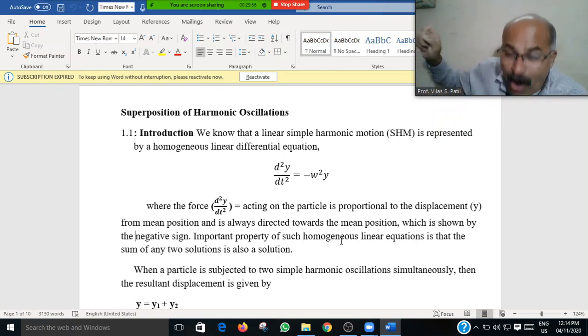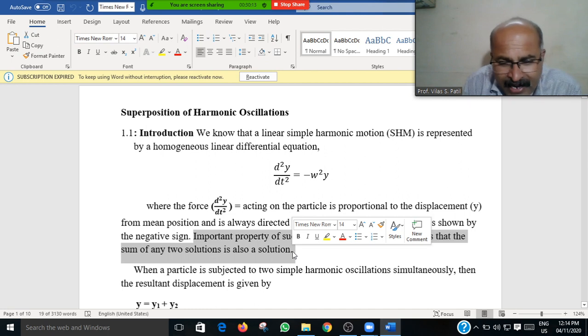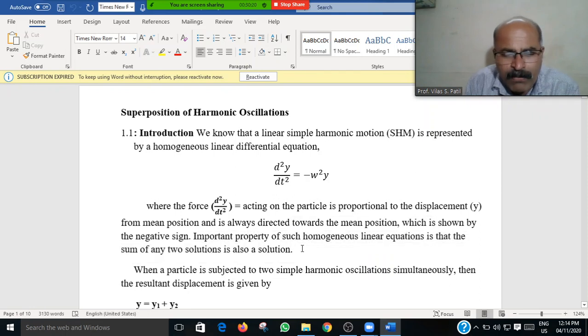This is one of the properties of the homogeneous equation in mathematics, friend, and this property is used as the superposition theorem. See here, the important property, again I will show here, the important property काय आहे बघा, what is the important property?